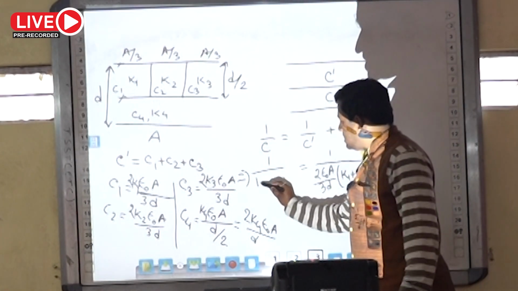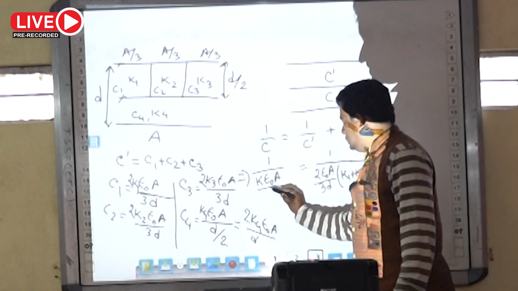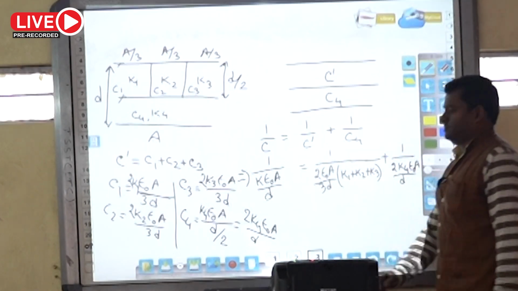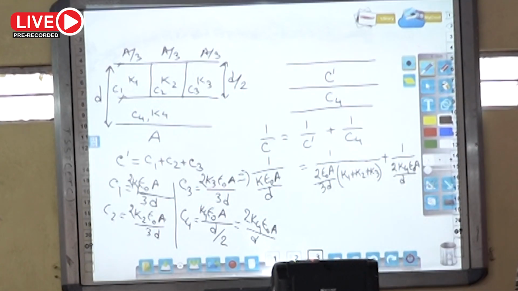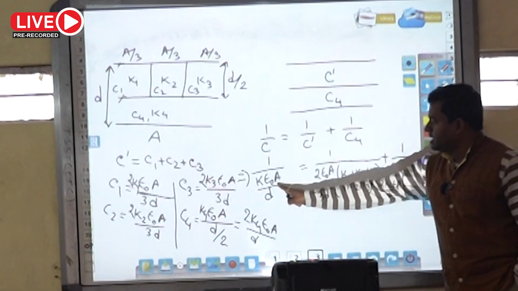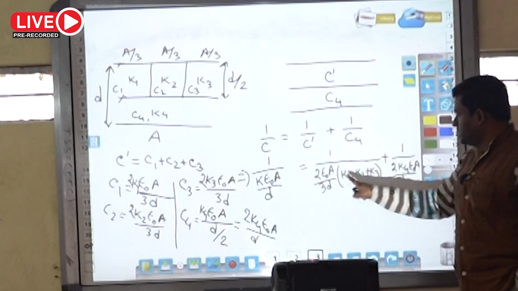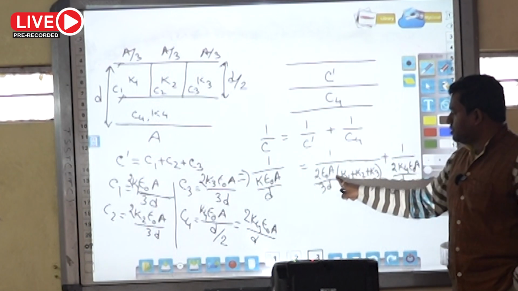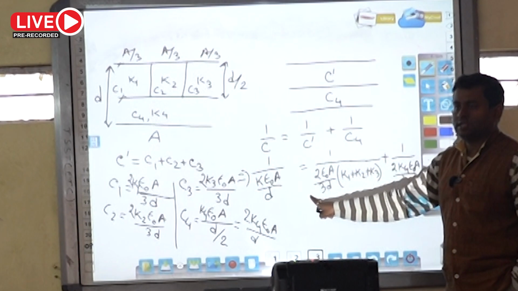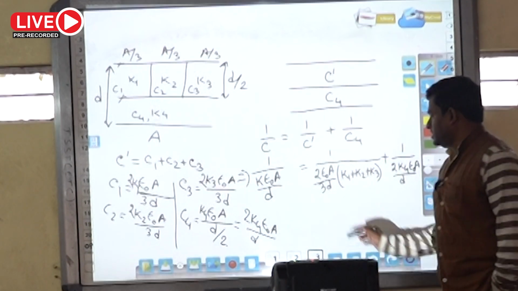1 by K epsilon naught A by D. Now see, epsilon naught A by D. From these two expressions, you can take epsilon naught A by D common, and this part epsilon naught A by D will cancel.